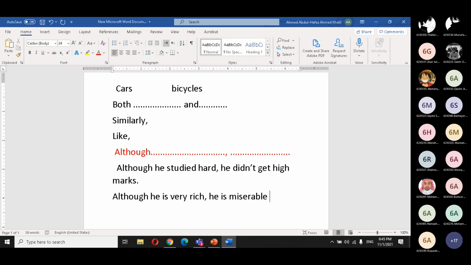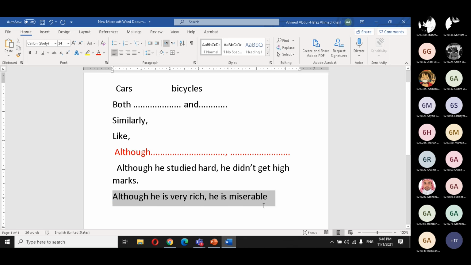Miserable, unhappy, even though he is very rich. There is a contradiction. So okay, I use although to join two sentences that are contrasted with each other.